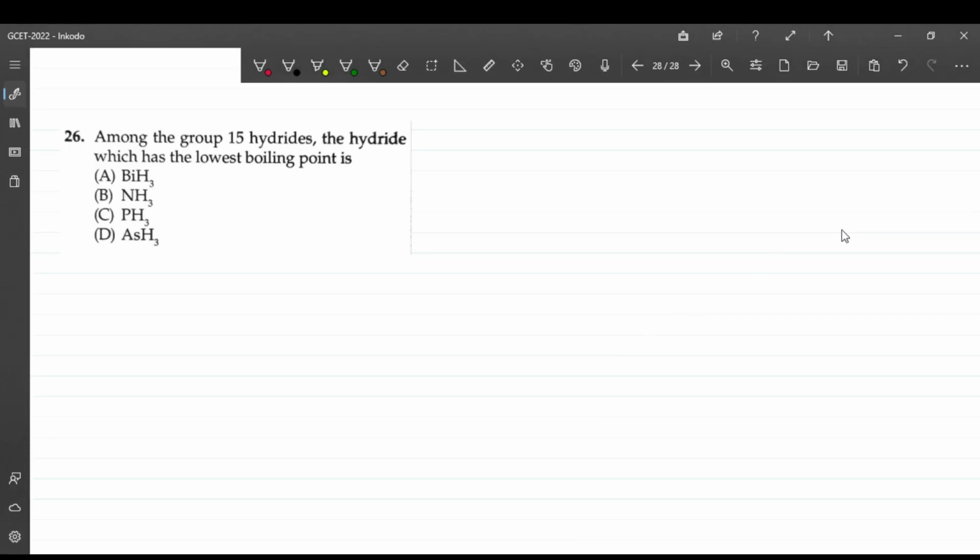Question number 26. Among the group 15 hydrides, which hydride has the lowest boiling point? Remember, one of the factors on which the boiling point depends is that it is directly proportional to molar mass. The more the molar mass, the more the boiling point. But one more factor which controls the boiling point is hydrogen bonding, the intermolecular forces.